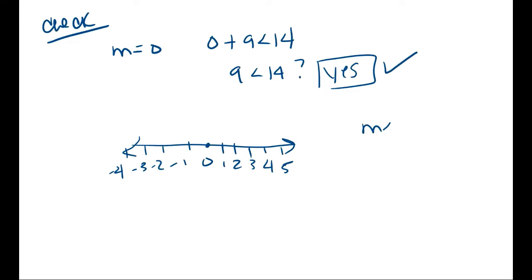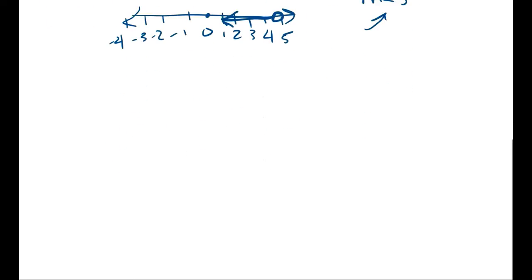Notice it was m less than 5, just to keep it on the screen here. I don't have an equal to sign, so I'm going to have an open circle. And I want all of the values less than that. So I'm going to go left. Hopefully you had a couple days with that earlier this week. You should be feeling relatively comfortable. Okay, let's do another one.